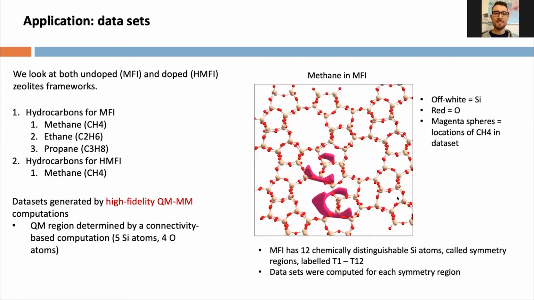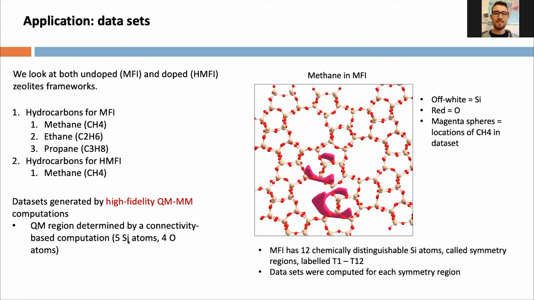For our specific applications, we generated data sets for both the undoped zeolite framework and the doped zeolite framework. We generated data sets for methane, ethane, and propane for undoped, and methane for the doped zeolite framework. These were generated by really high fidelity QM-MM computations from QChem. I'd like to point out that the quantum mechanical region is determined by a connectivity-based computation.